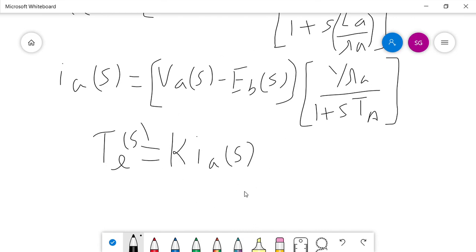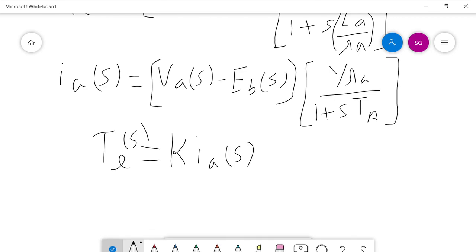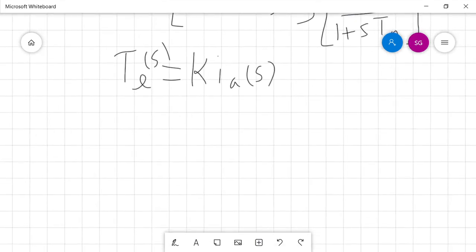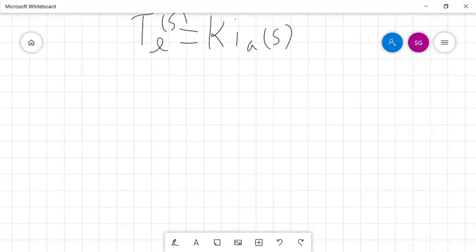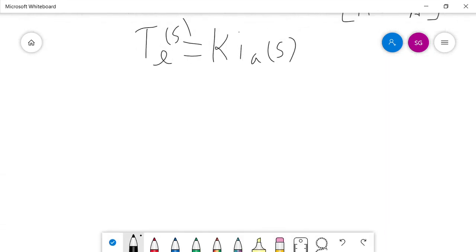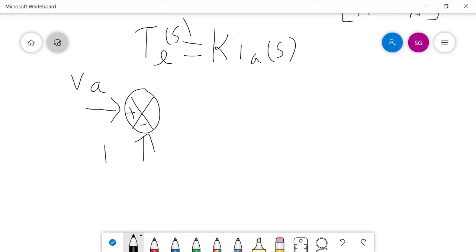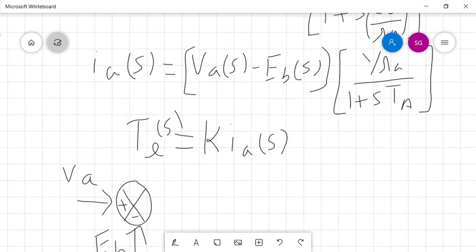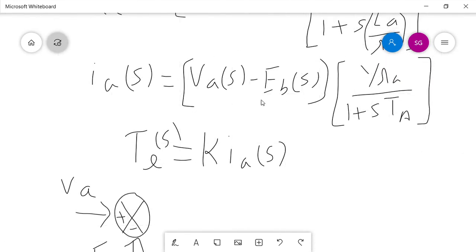So here we can write the block diagram of the armature circuit. How can we write it down? Just see that. Here it is your VA that has been supplied by your chopper. Then this VA minus EB, the remaining voltage, which you can see here, if this is multiplied by this gain, what will that give?